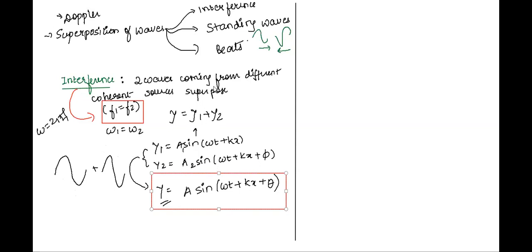Such that this new amplitude is given as under root of a1 square plus a2 square plus 2 a1 a2 cos phi. Class, please write this down.